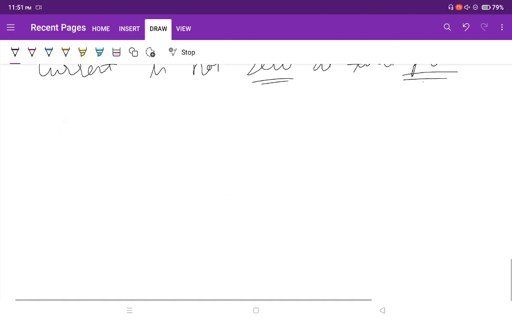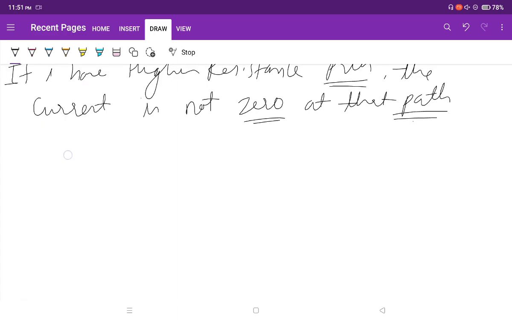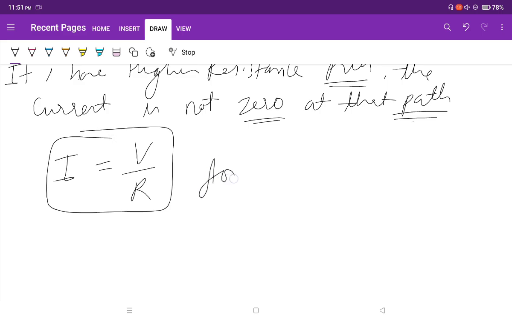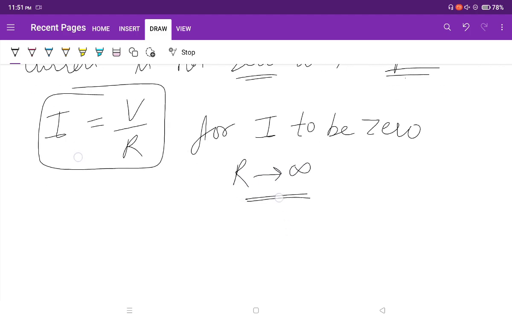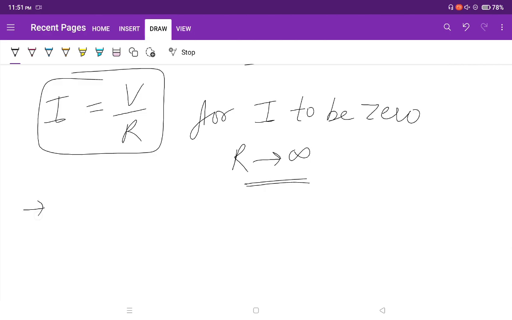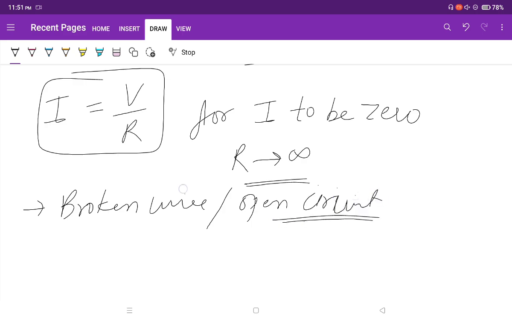We have I as V over R. For I to be 0, R should tend to infinity. That would imply a broken wire or open circuit.